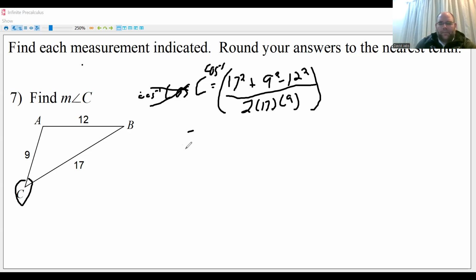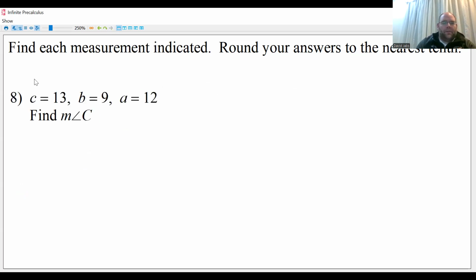I'm just going to plug this in. Angle C should be at 42.4 degrees. All right, so that should be 7. 8 here. I'm just going to do the final setup here as we go instead of doing it all.